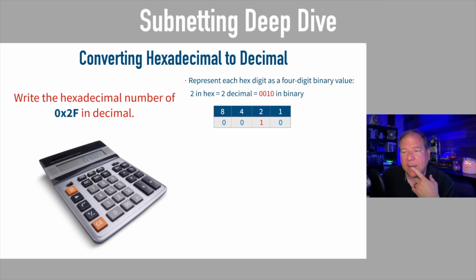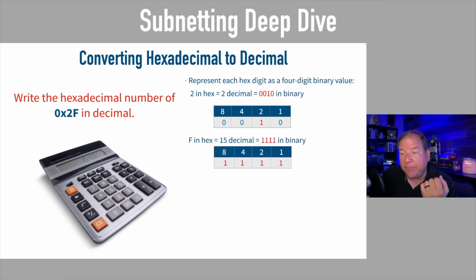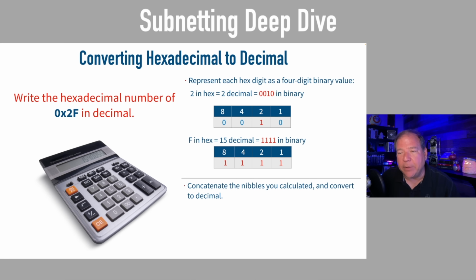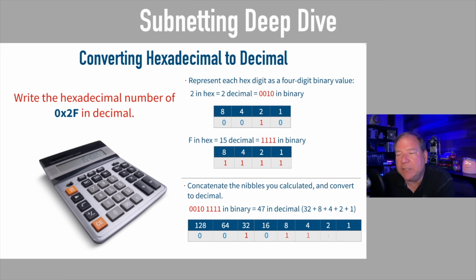The 2 in binary is 0010. The F is 15 in decimal, which is 1111. I'm going to concatenate those values, and that's 00101111.